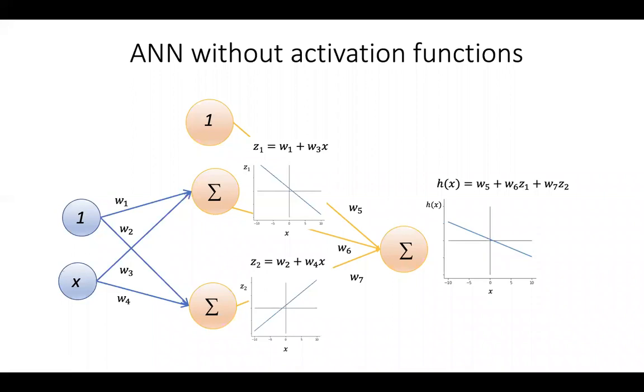If we combine these linear functions, it doesn't matter what kind of bias or what kind of weight we're going to use, we will always end up with a final linear predictor. You can, for example, substitute these values of z1 and z2 with these equations and see that indeed it is going to be a linear predictor with a certain bias and weight.